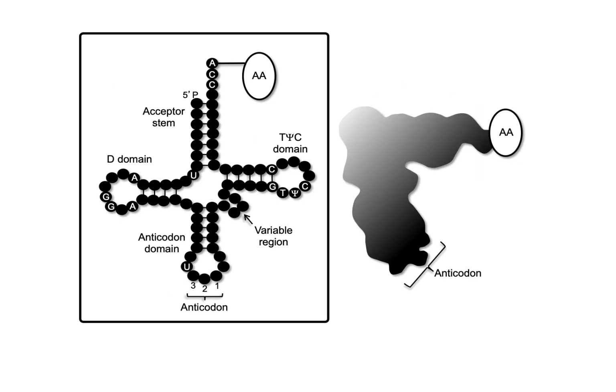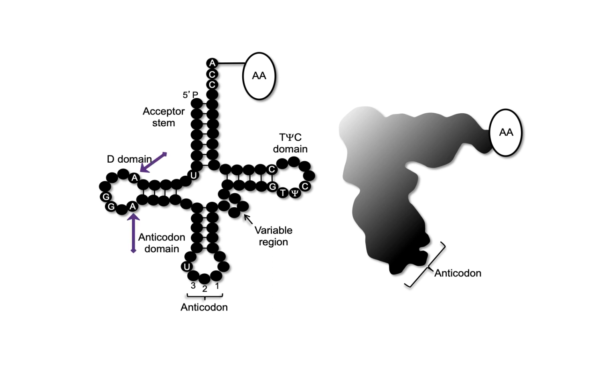This one here with the acceptor arm shows some of the conserved nucleotides. In most of the cases, the nucleotides are not conserved, but in this case, there are a few A's conserved here and a pair of G's here. There's the anticodon loop with the three nucleotides in the anticodon, and usually a uridine in that position.